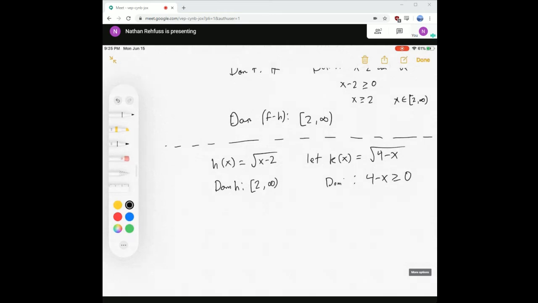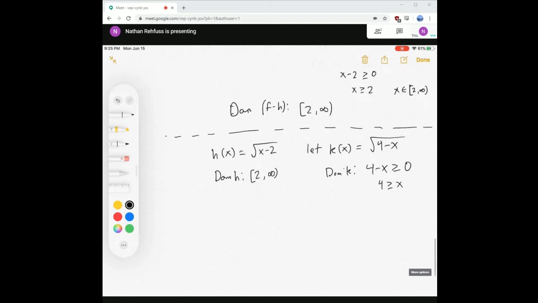There we go, domain of k. So if 4 minus x is greater than or equal to 0, I can add x to each side. This is why we taught you to do inequalities. 4 is greater than or equal to x. This can be 4, or it can be any number smaller than 4. So starting at negative infinity, it could be anything up to and including 4.